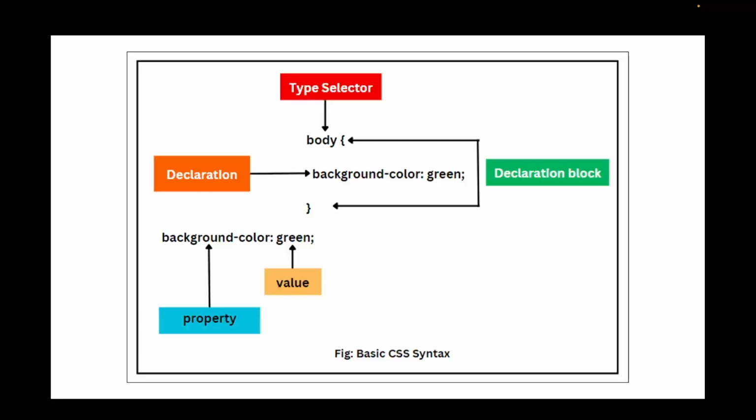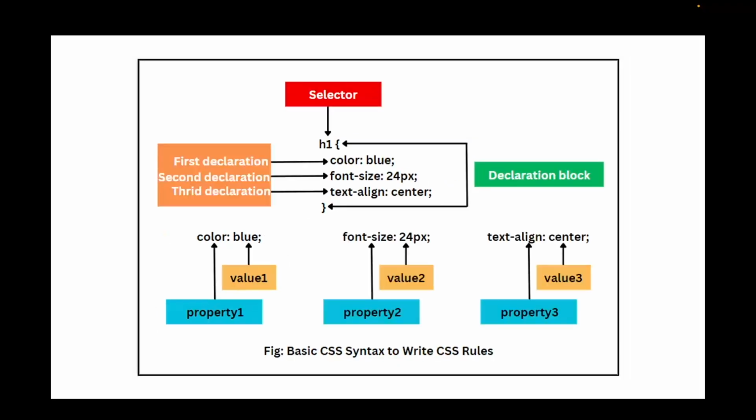So this is the basic CSS syntax where a type selector within a declaration block holds one declaration that has a single property and value. And here a single declaration block has multiple declarations which hold multiple properties and values.